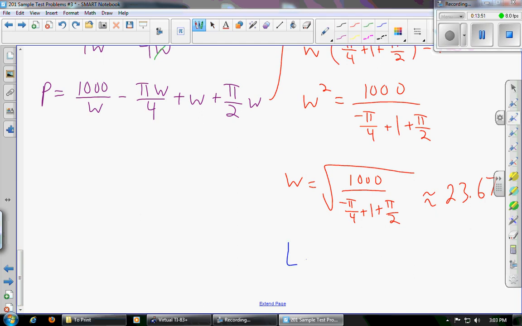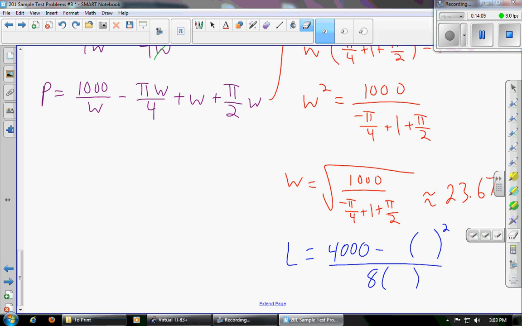So we know that the length is, so that equation up there, 4,000 minus pi times W squared divided by 8W. And the W that we just figured out is 23.67. So we'll put that in both parentheses.